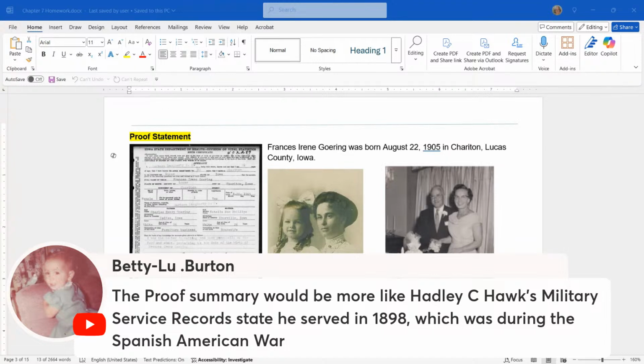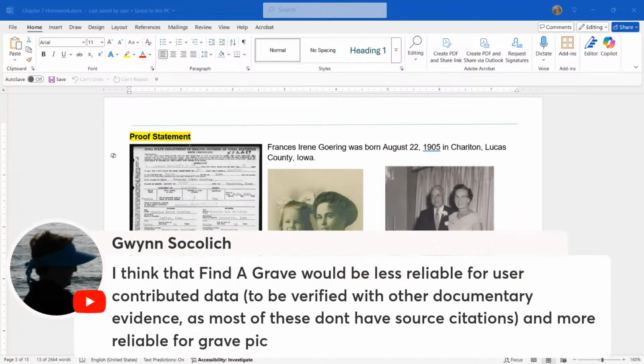Not all of the regular army in 1898 was involved in the Spanish-American War. There were still all the things going on in the West, right? In the western part of the United States. So he might not have been deployed on the forefront at a station concerning the Spanish-American War.